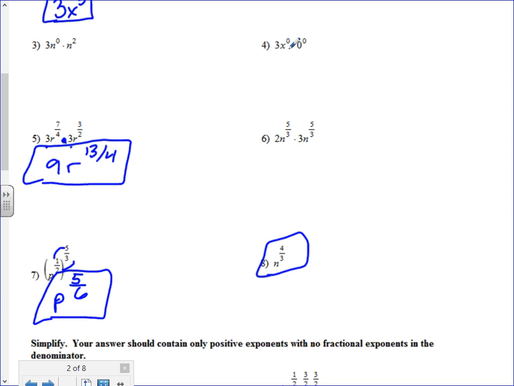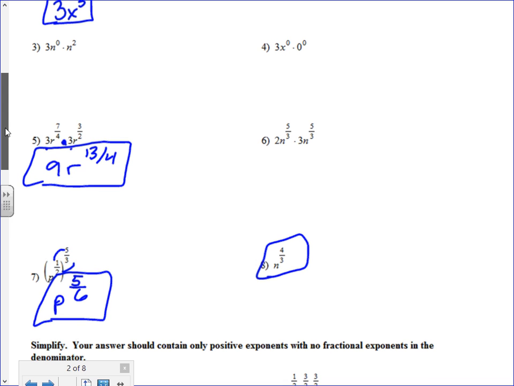This all is 0 though. So this would be something times an undefined number. Anything times an undefined number would be undefined. I put 0 there. 0 is not true. So 0 and undefined, are those the same thing? No. 3 times 0, everything times 0 is 0. There are no zeros in this problem. 3 times 1 times undefined.